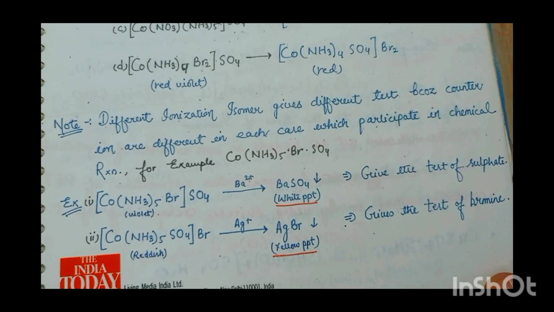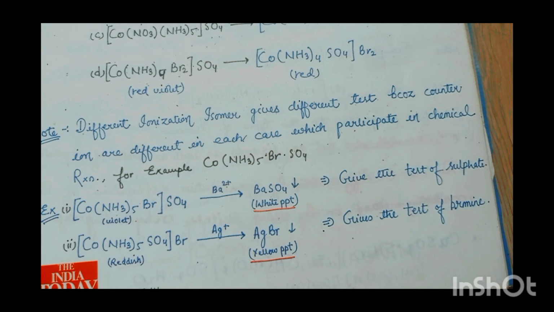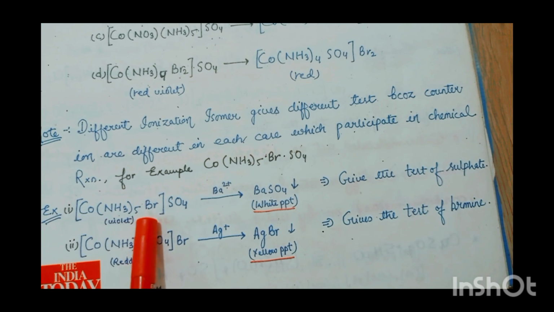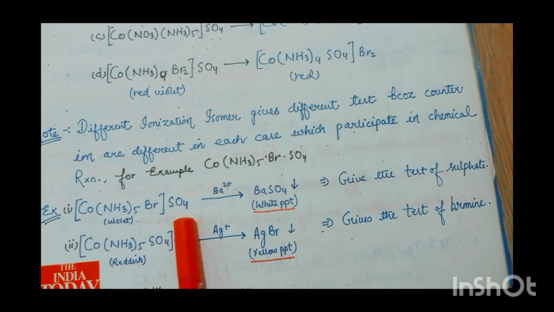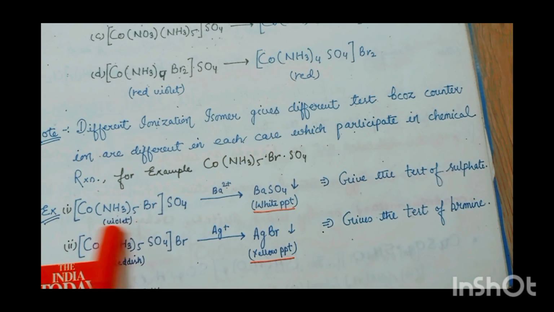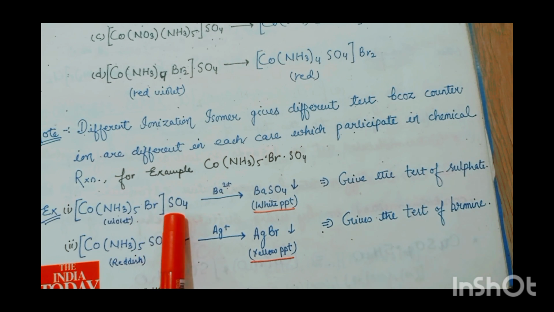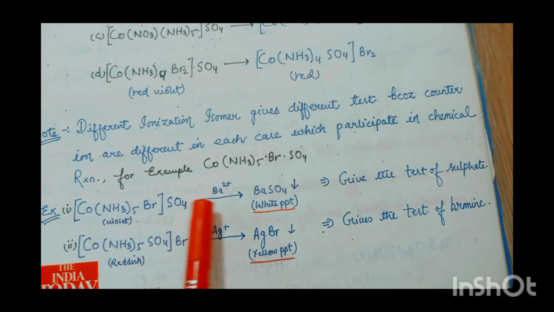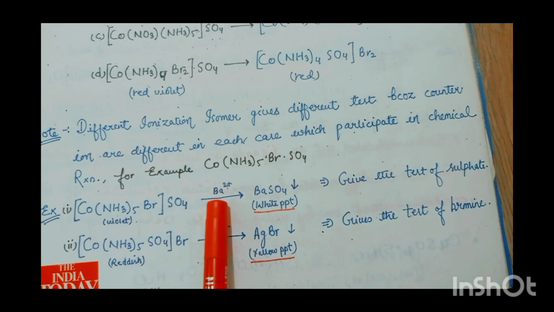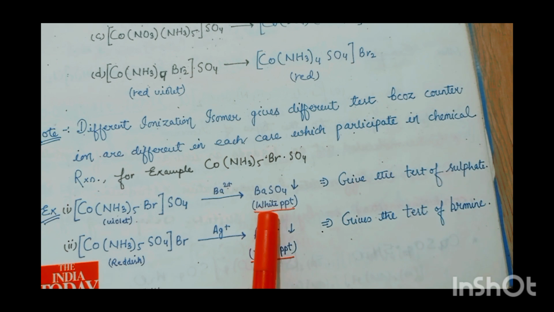Okay, and now for you, I am giving an example that was asked in the NEET JEE examination in 2017. [Co(NH3)5Br]SO4 is a coordination compound. It can give the test of only the sulfate ion, as it is present outside the coordination sphere. It reacts with barium, forming barium sulfate as a white precipitate.